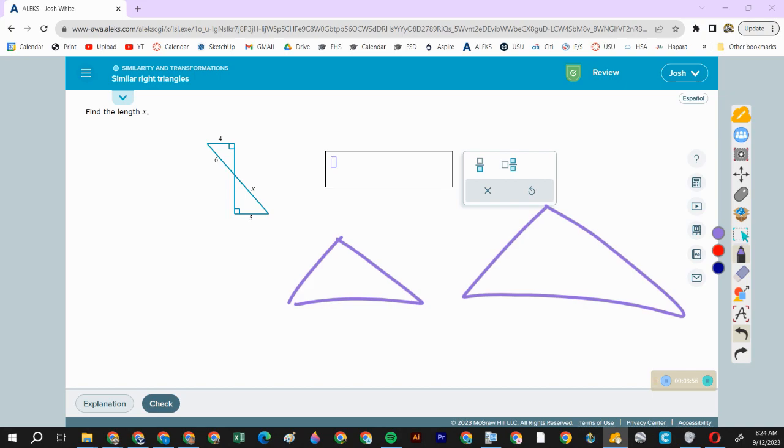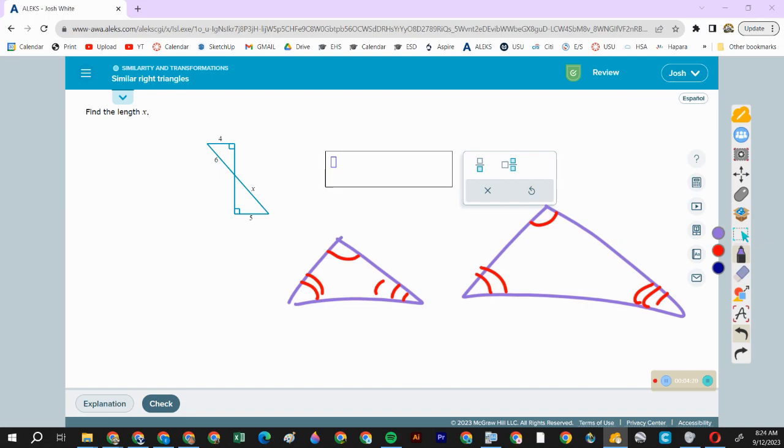Yes, they are the exact same. So this angle would match this angle, this one would match that one, and this one would match that one. Do you actually need to know all three? Why two? Okay, good. They have to add up to 180.